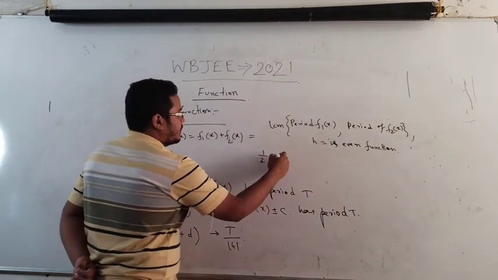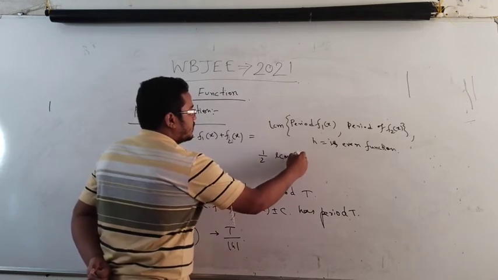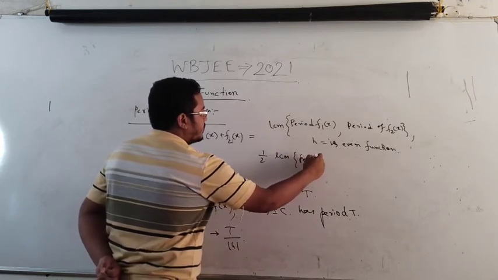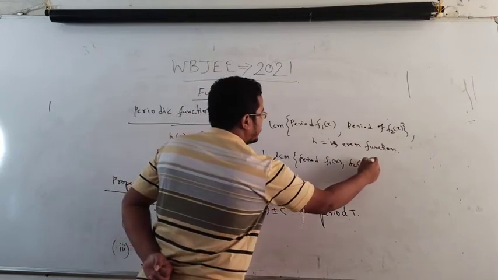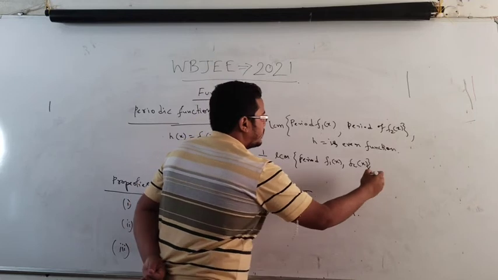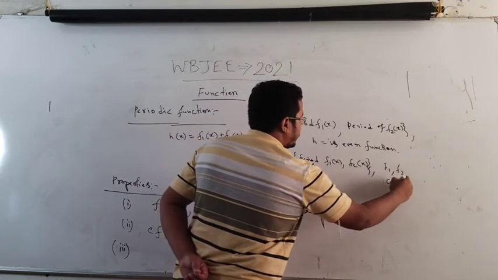And it will be half of the LCM of the periods of f1(x) and f2(x), provided f1 and f2 are complementary functions.